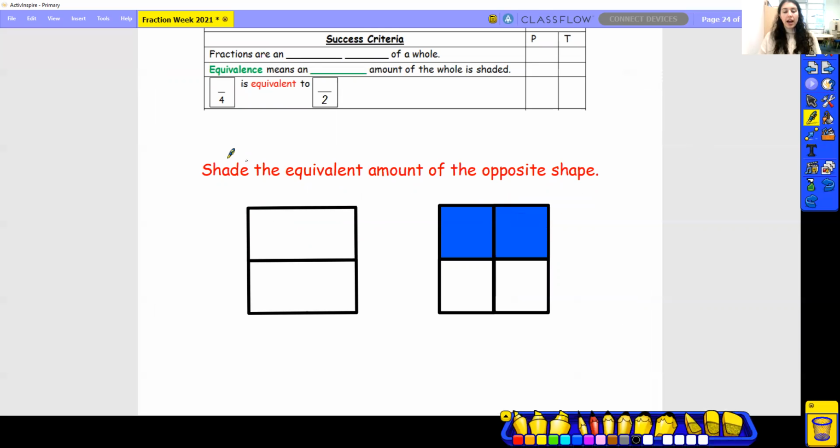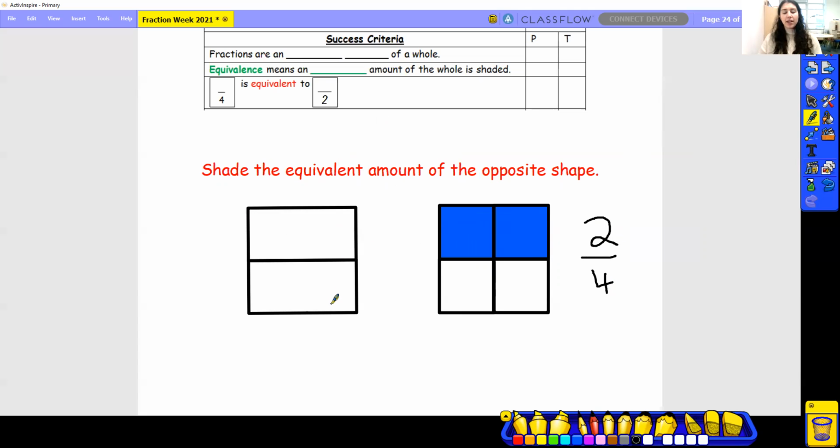So here I've got to shade the equivalent. Remember, that means equal. So shade the equivalent amount of the opposite shape. Here this one has been shaded for me. This fraction has got 4 parts in the whole, which is my denominator, and 2 of them are shaded. So 2/4 of this shape is shaded.